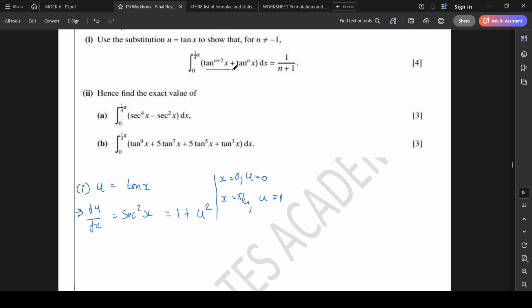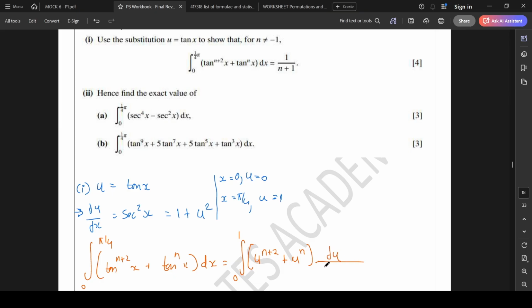Now along with this, I'll just convert this in the form of u and try to integrate it from here. So integration from 0 to pi by 4 of tan to the power of n plus 2 x plus tan to the power of n x dx will be same as integration from 0 to 1, u to the power of n plus 2 plus u to the power of n, times, in place of dx, if I make dx the subject over here, it will become du over 1 plus u square.